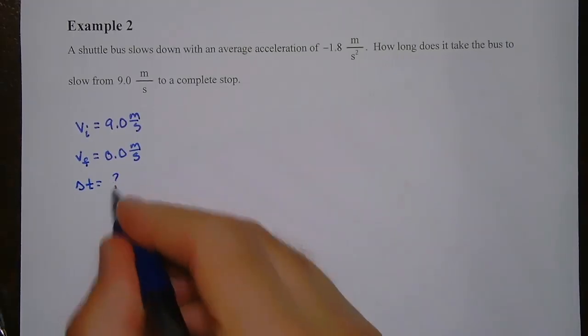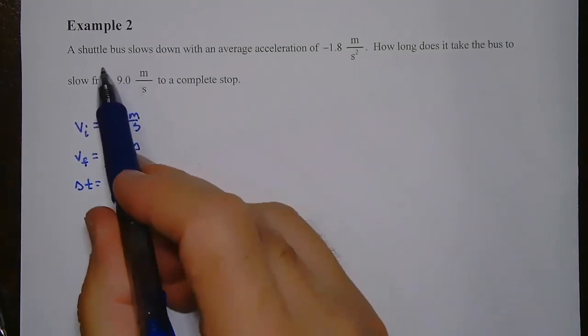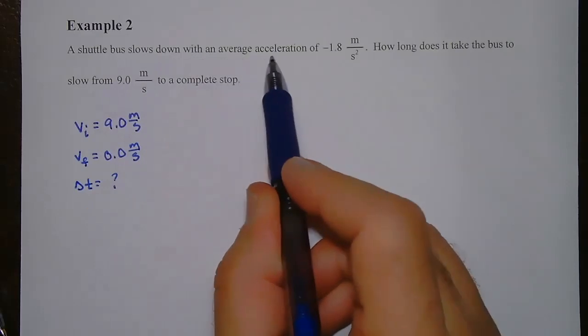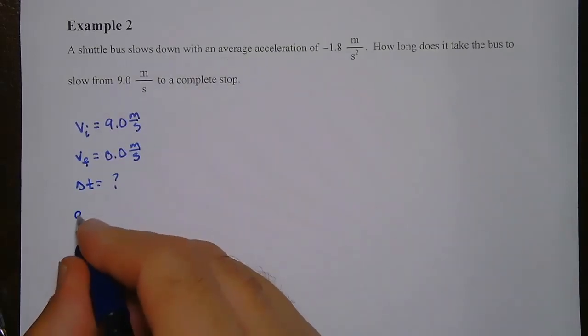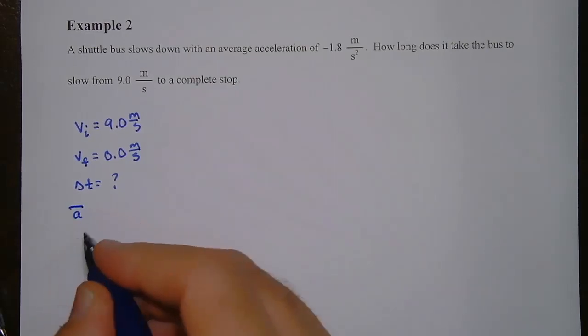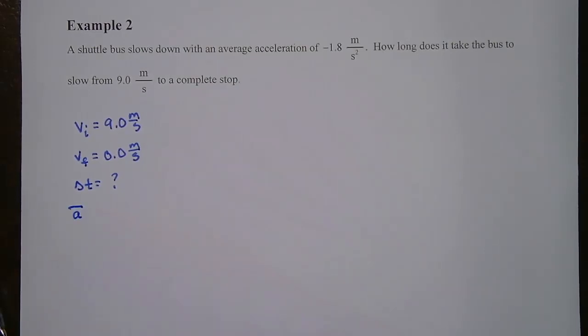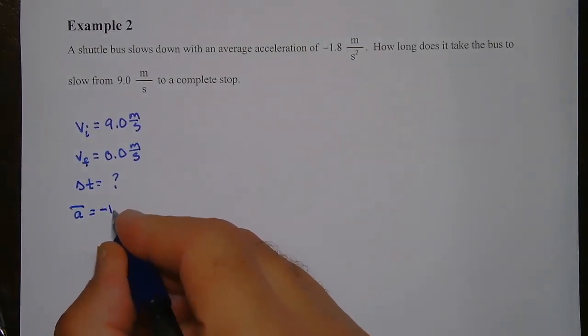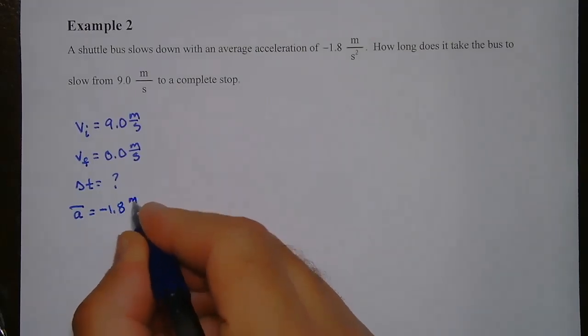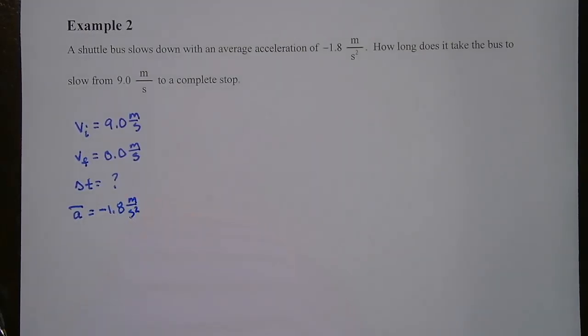So that's our question mark right there. And there's our average acceleration, our a bar. Average acceleration is negative 1.8 meters per second squared.